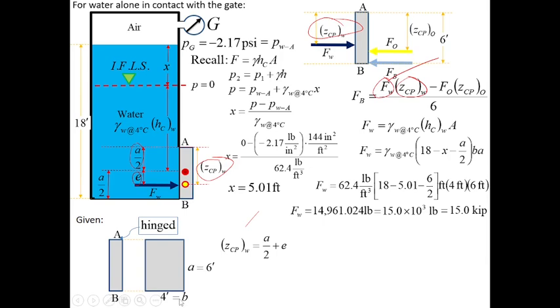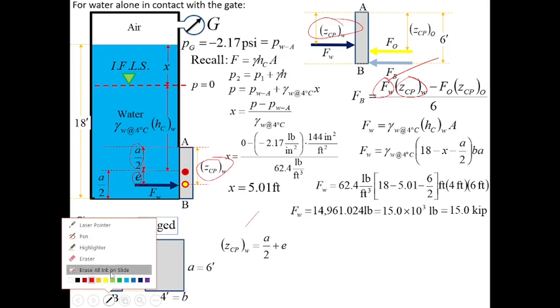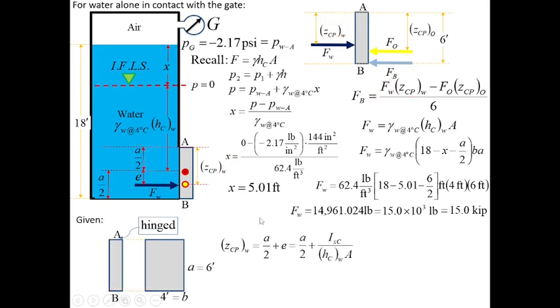So that is the distance from the hinge at A to the center of pressure, no, due to water. So in that case, the eccentricity can be obtained by the formula IXC over HCW times A. No? So that is the formula for the eccentricity. Alright.